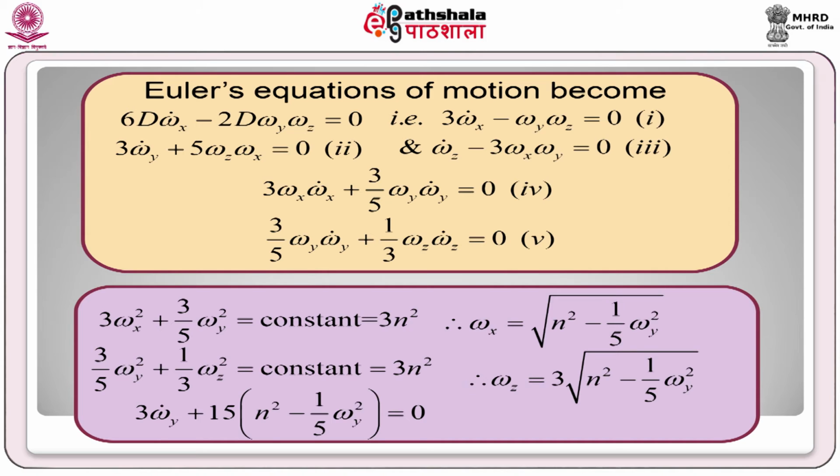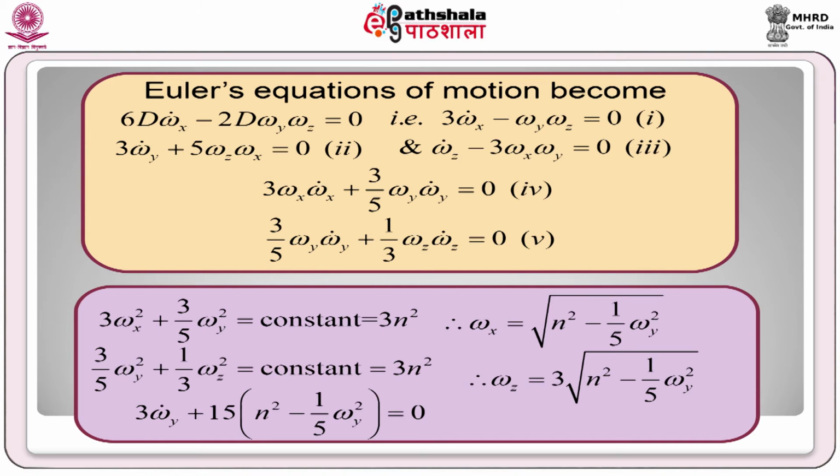Multiplying equation 1 by omega x and equation 2 by omega y divided by 5 and adding, we get this equation. We have just multiplied in such a way so that the product term vanishes, that is this term cancels with this one.